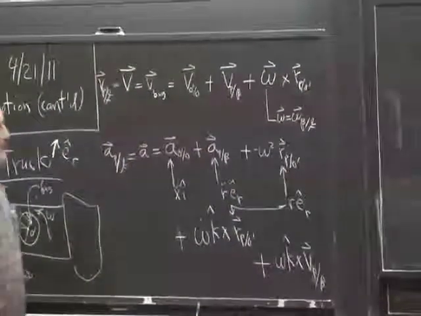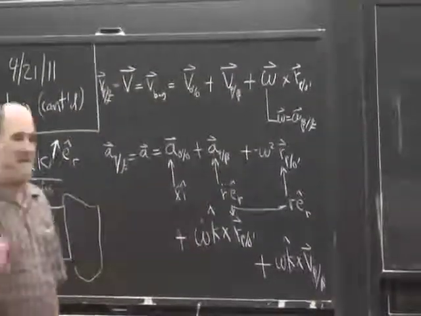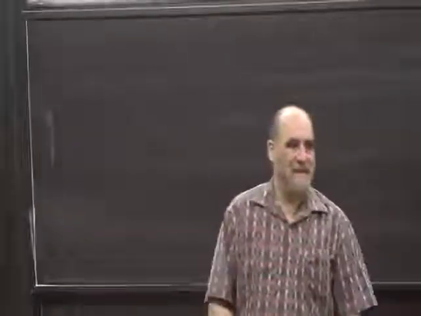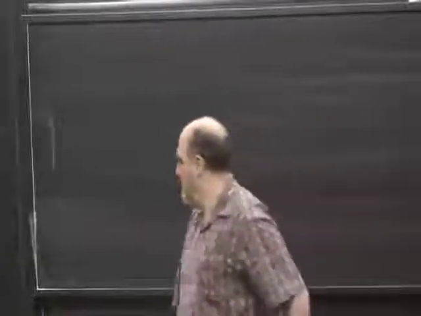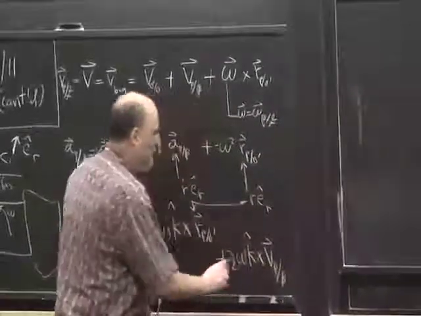Now, if we want to understand this term, we have to try to find a situation where that term occurs and all the other terms don't occur. Yes? In the previous class, you said that it was 2 omegas. Yes. So in this class, I was half right.